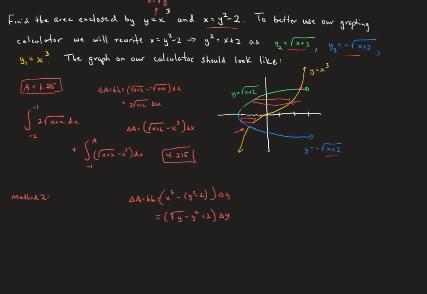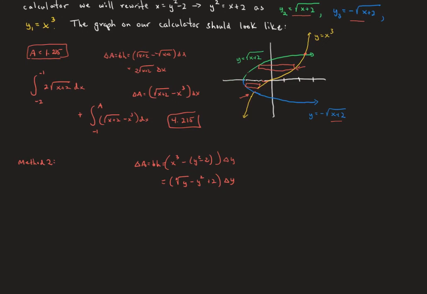Now I'm going to slide this up a little bit to get a little bit more room. So we're going to get our integral, and we're going to have to figure out what our new limits are, but it's going to be that cube root of y minus y squared plus 2. The delta y is going to become a dy.